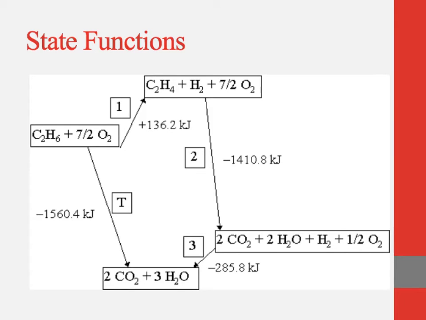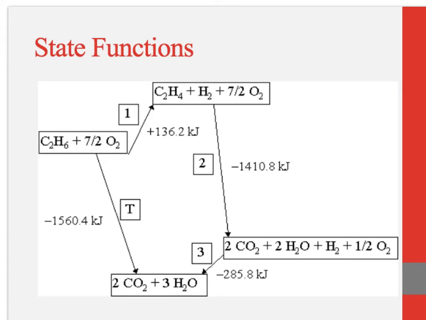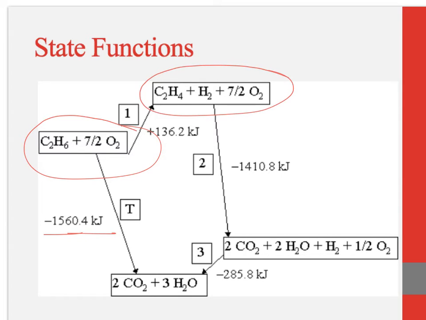So you can see what's happening here when you take ethane and you form carbon dioxide and water. So you're making new bonds, so you are releasing energy. The same thing is happening over here. Well, actually first, when you take ethane and you break it down into ethene, okay, you need energy to do that. So you're absorbing 136.2 kilojoules.